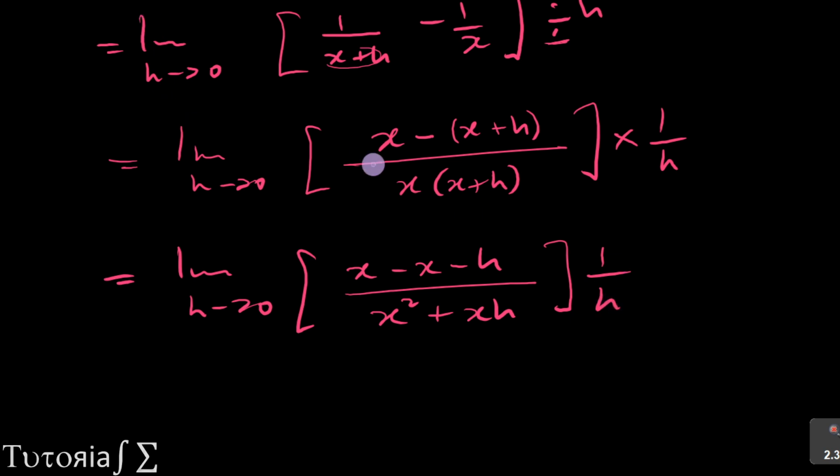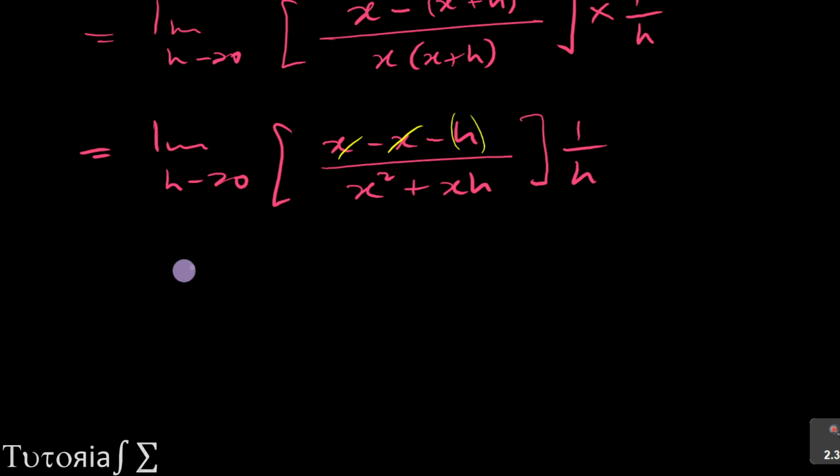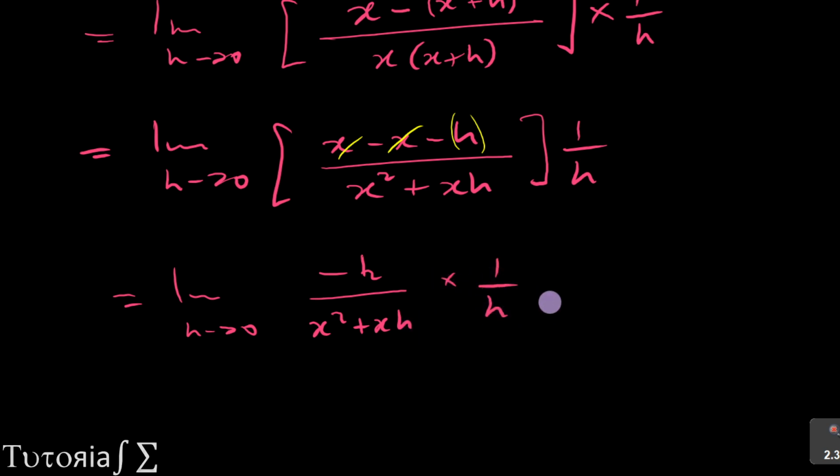What is interesting here is that the x and the x cancel out, and we can factor out the h on top, so that we have the limit as h approaches 0. Let's write what is remaining: negative h all over x squared plus xh, times 1 over h. So this can simplify: this h over h is 1, and this is negative 1.